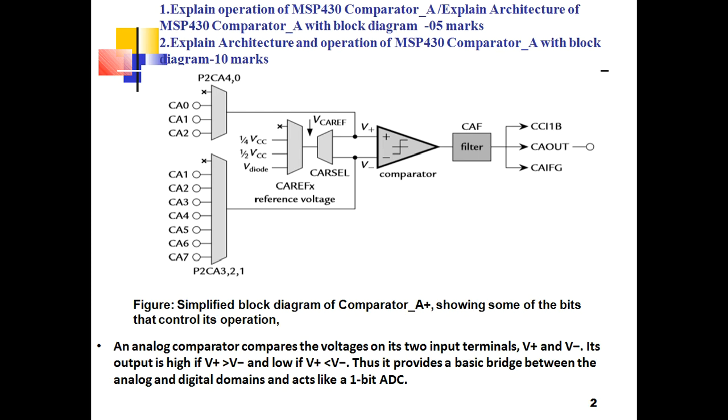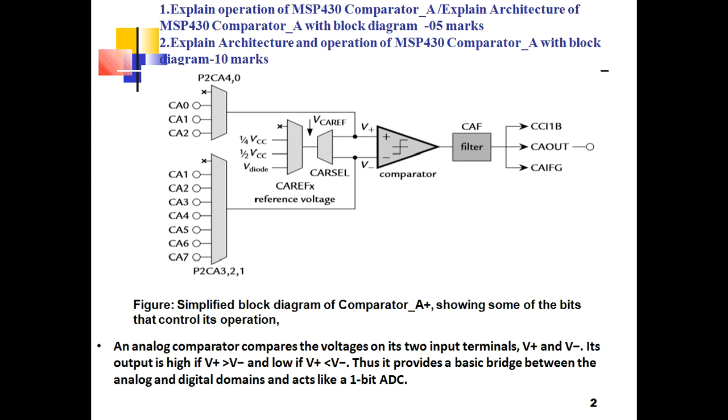Now I have given the block diagram of comparator A plus, and it has some bits to control its operations. Here you can see that the analog comparator compares the voltages on its two input terminals, V plus and V minus. Its output is high if V plus is greater than V minus.